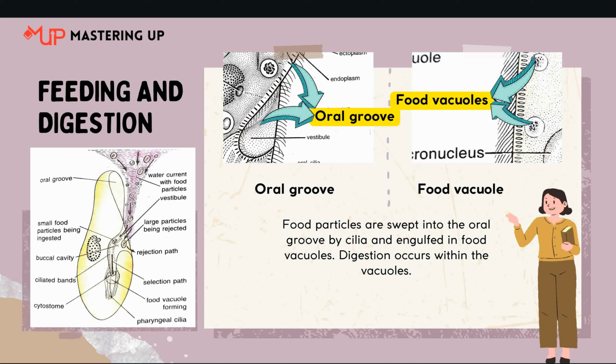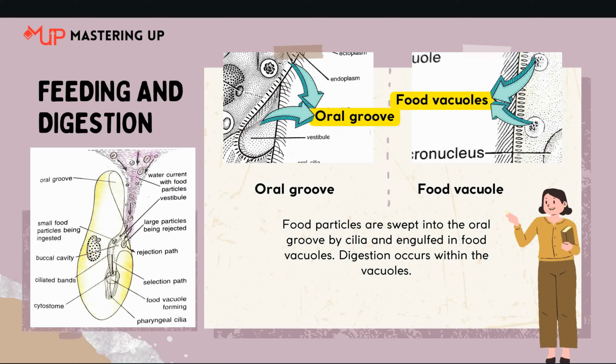In the image at the left, you can see the water current with food particles, which is swept into the oral groove, with the large particles being rejected and the small food particles being ingested. It enters the buccal cavity, and then through the selection part, the food enters into the food vacuole.